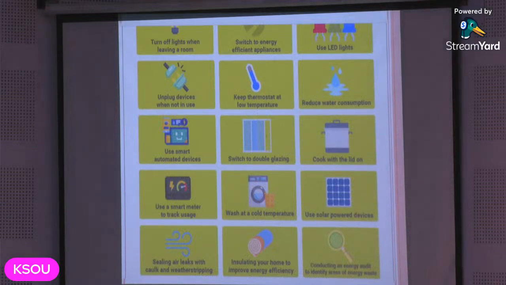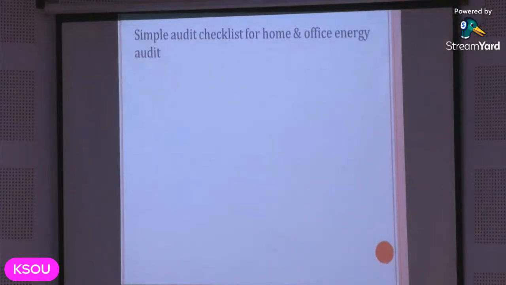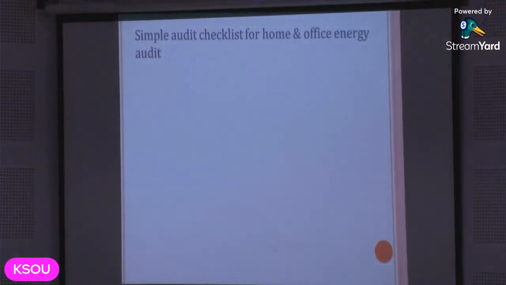You can download them; at least you can do a simple, basic audit at your home or office. You can contribute whatever you can to save energy and reduce the impact on the environment.